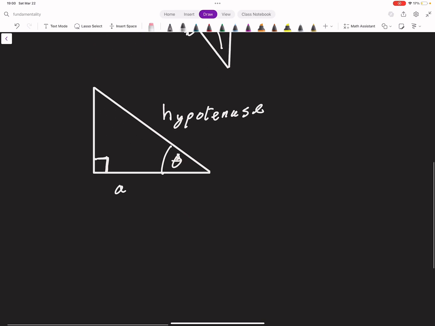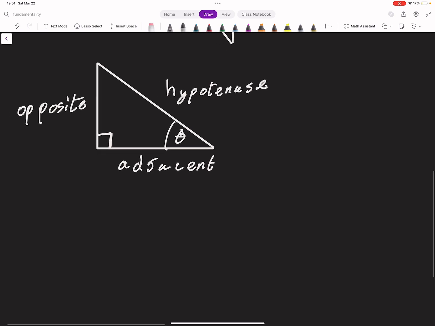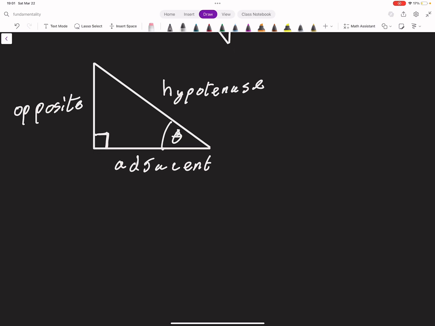This is the adjacent. And this is the opposite. Adjacent is basically just math speak for next to. Opposite is quite obvious: opposite the angle, next to the angle.